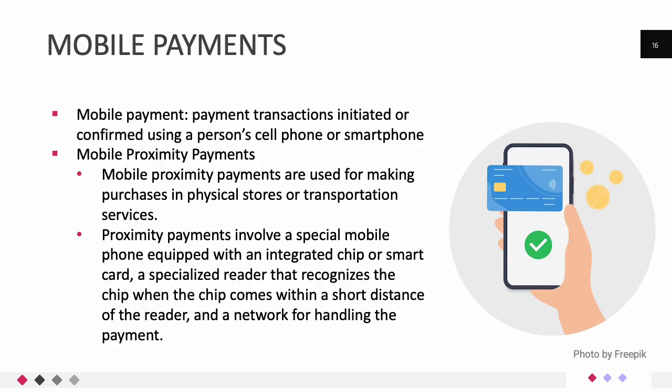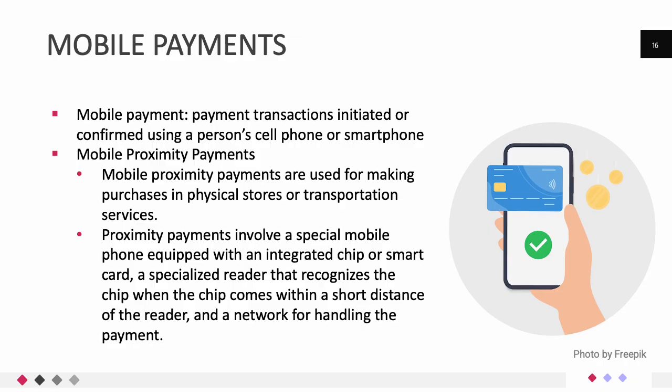Think about when you use your phone to pay at 7-Eleven or tap your phone on the MRT turnstile or even pay for your lunch at the campus cafeteria. Here's the technical magic behind it.